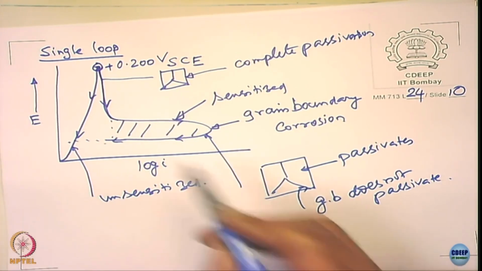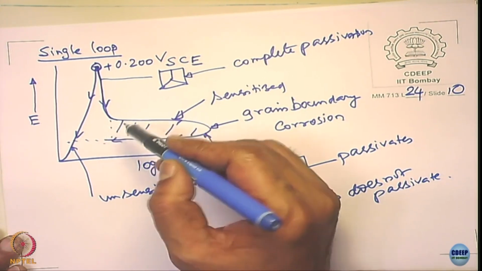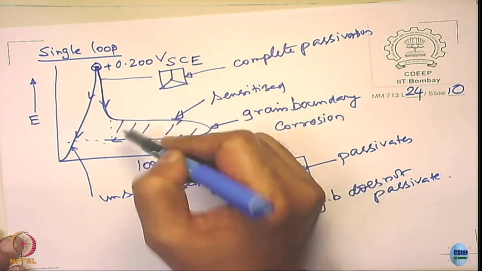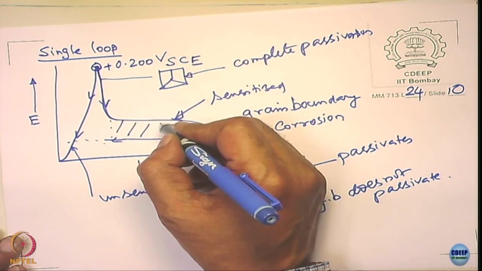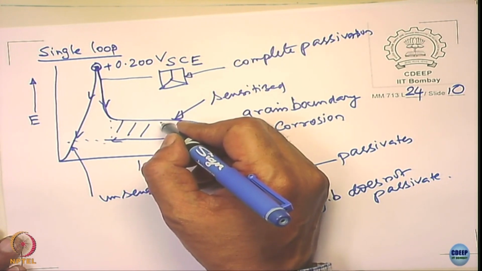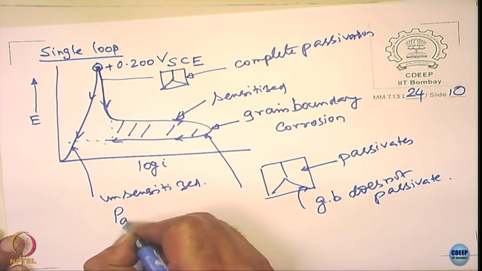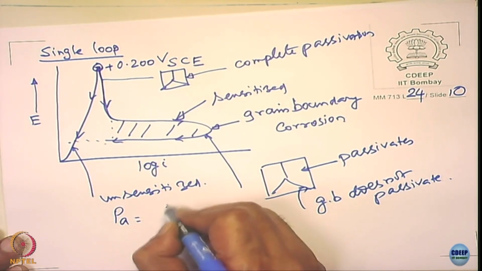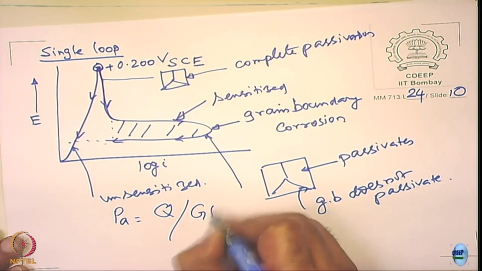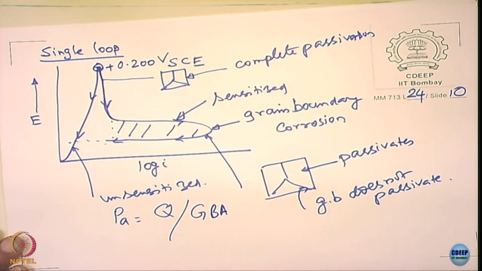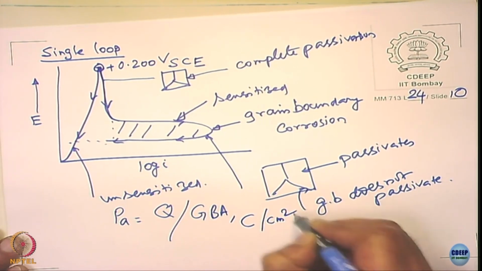Now you can calculate the number of coulombs, right? Current multiplied by time gives you the coulombs. By integrating this whole curve, you get the coulombs. Now you know the grain boundary area, then you can calculate the extent of sensitization. So Pa is given as Q, the coulombs, upon the grain boundary area, which is nothing but coulombs per unit area, centimeter square.